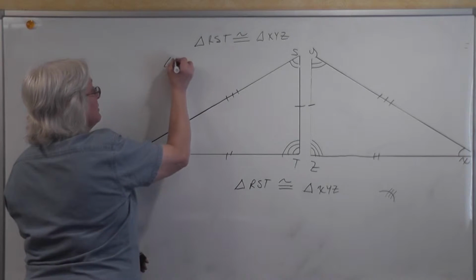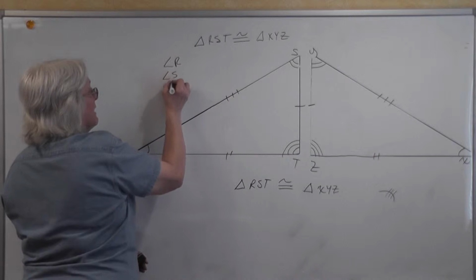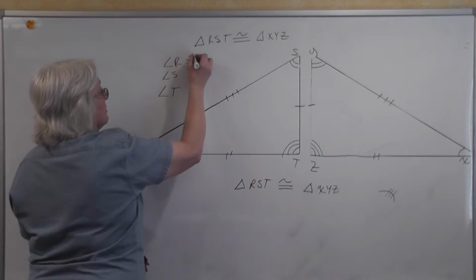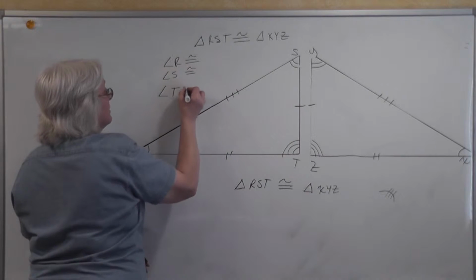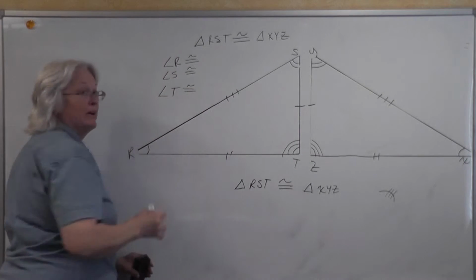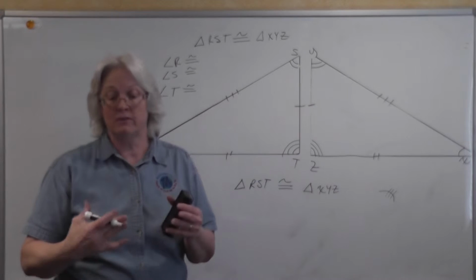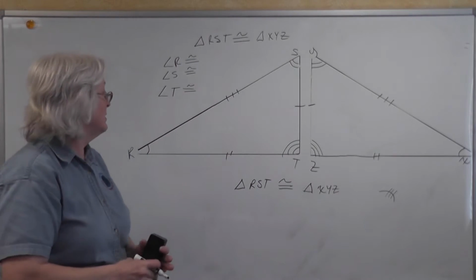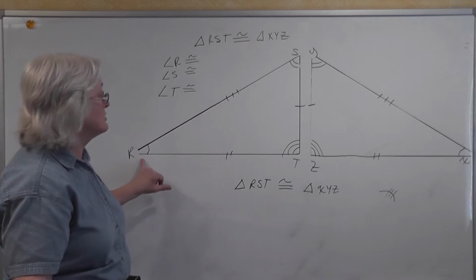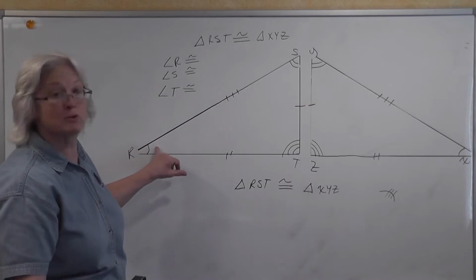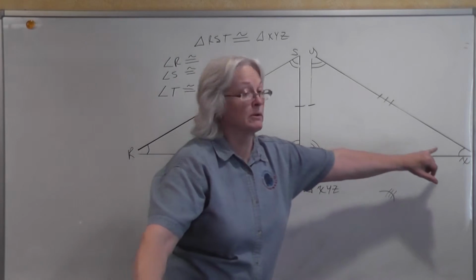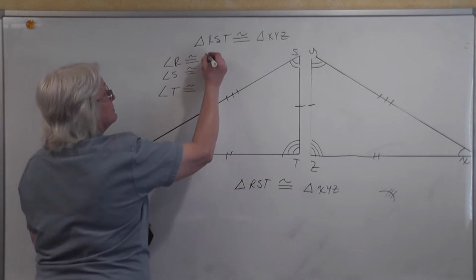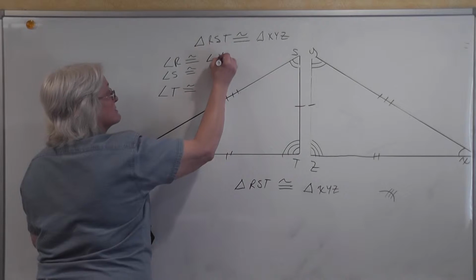Angle R, angle S, and angle T. What are these 3 angles congruent to? Now see, if you just looked at this, I don't have a clue what they're talking about. But you already know that, oh, they're just looking for the matching angle. And here's our picture. There's one line here. There's one line over here. So angle R is congruent to angle X.